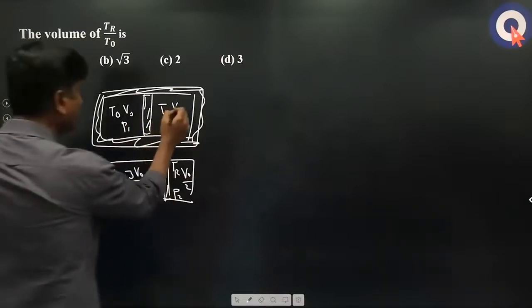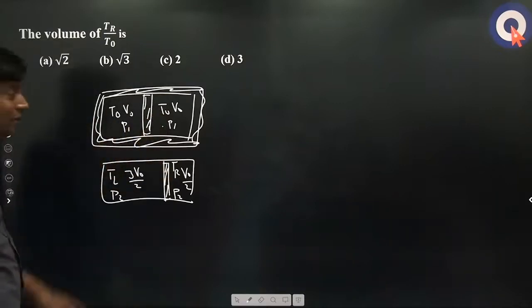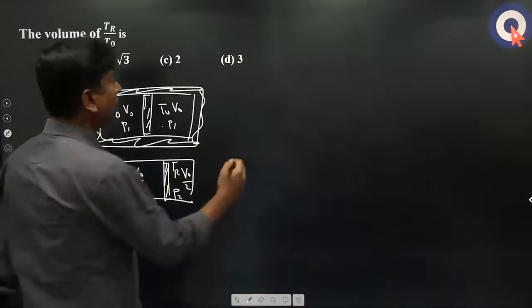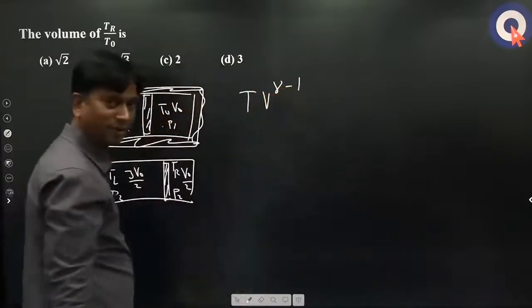And when the volume is decreasing from V0 to V0 by 2, automatically you will know the temperature also, because in an adiabatic process you know the relation between temperature and volume. What was the relation? You have to remember T V power gamma minus 1 is a constant.